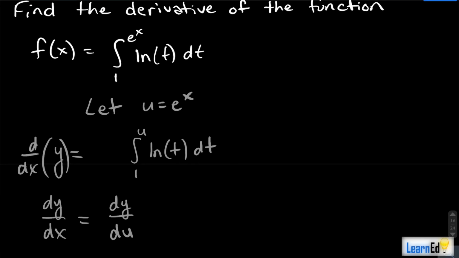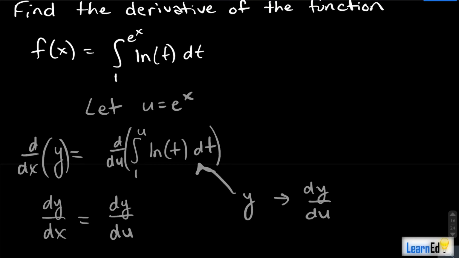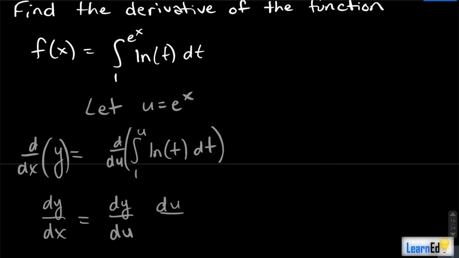You start off by taking a derivative with respect to u of this, and this piece was originally equal to y, and that's why we express it as dy du. This whole thing was originally y. But then to get this thing to be dy dx, you would have to multiply by du dx, because then the du's cancel out and you get dy dx.